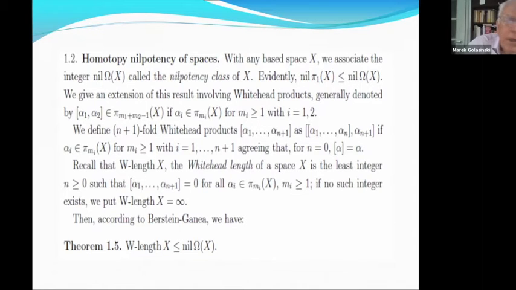If you iterate this Whitehead product, then we have a notion which is called W-length. W comes from Whitehead. Namely, the W-length of X, or the Whitehead length of the space, is the least integer n such that the iterated Whitehead product [alpha_1, ..., alpha_{n+1}] is 0 for all alpha from the homotopy groups of the space X. If no such integer exists, then we put that the Whitehead length of the space is infinite.